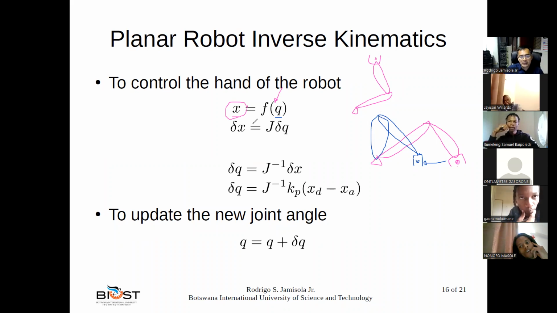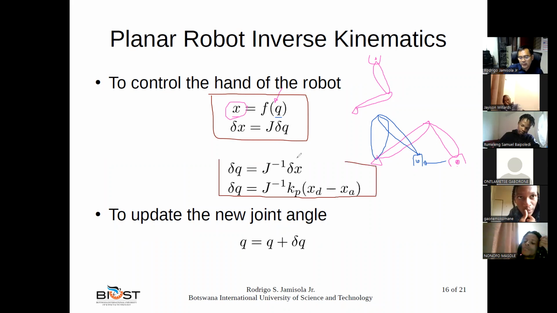This is the part of the forward kinematics, where your inputs are the joints and the output is the hand movement. And this is the part of the inverse kinematics, where your inputs are the hand movements and the outputs are the joints. The output joints will be computed by the robot, by your computer, and then sent as a command.